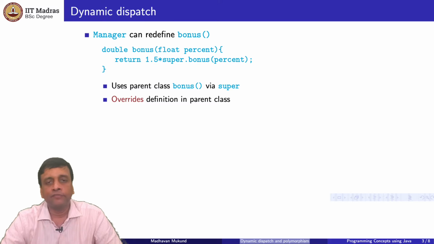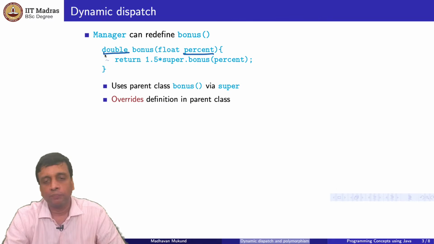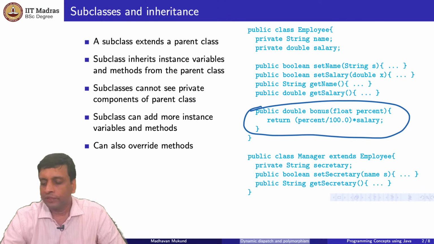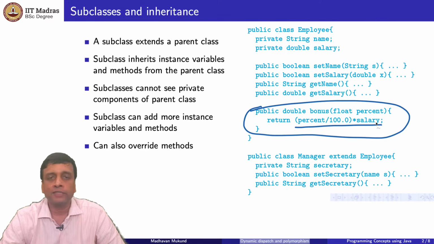So here could be a definition of the manager's bonus. The manager's bonus has the same signature, so it takes a float percentage as its input and it returns a double as the output. And notice now that we are not actually computing the manager's bonus in terms of the salary. If you go back, you will see that for the employee, the bonus was computed as a percentage of salary.